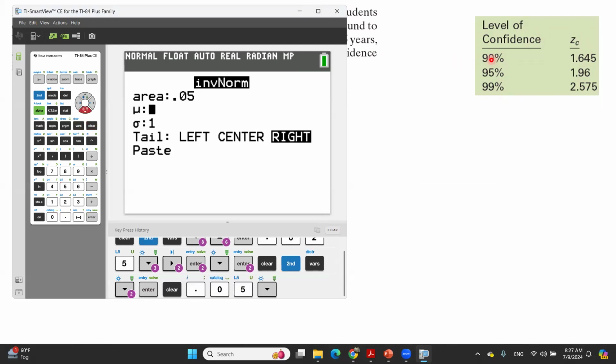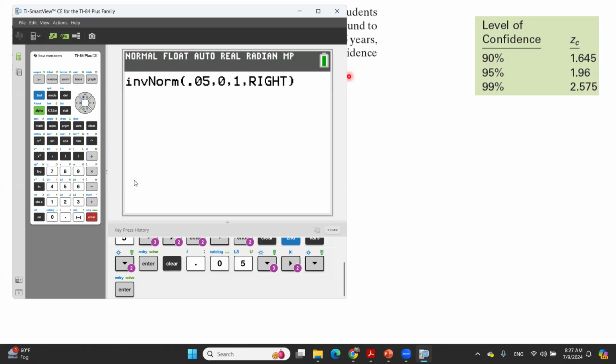The mean is going to be 0 because this is a z-value. The standard deviation is 1. Suppose you want to find the right tail, go to paste and hit enter. Enter again, and as you can see, you find the z-value 1.64448 or 1.645. So if you have a 90% level of confidence, the critical value is 1.645.